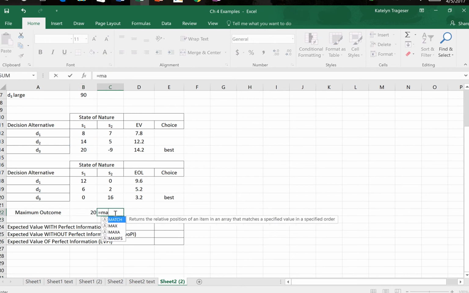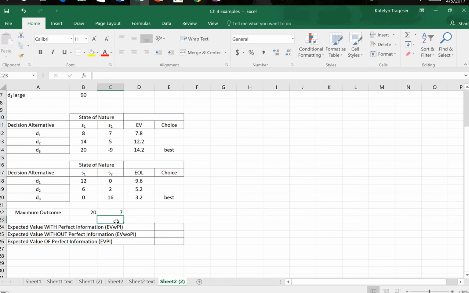State of nature 2, the max profit of these three, max payoff, $7 million. We are going to use these two pieces of information now to calculate our expected value of perfect information.